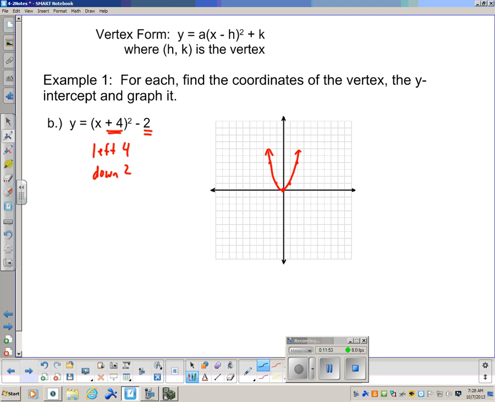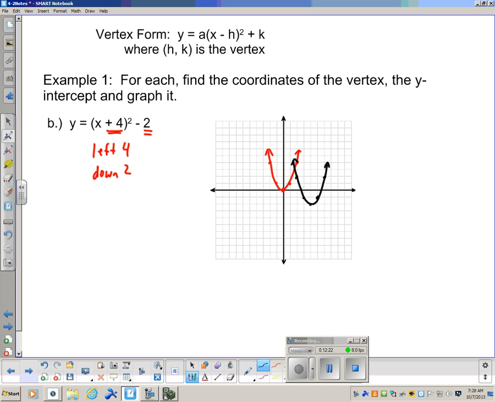So 1, 2, 3, 4, 1, 2. I can connect them, and now it doesn't look like a nice smooth parabola like that. We know we messed up. So left 4 and down 2.